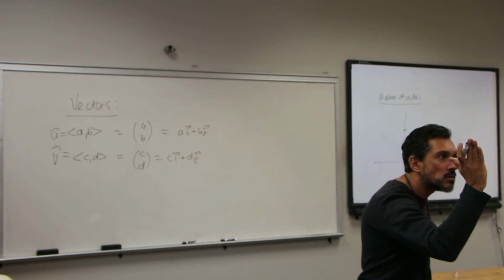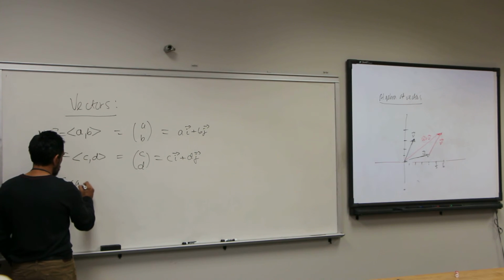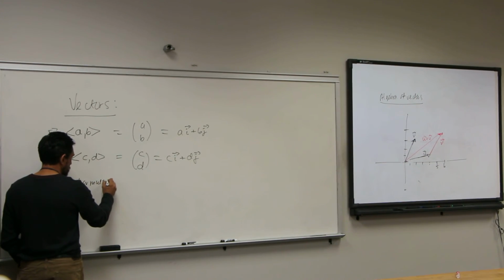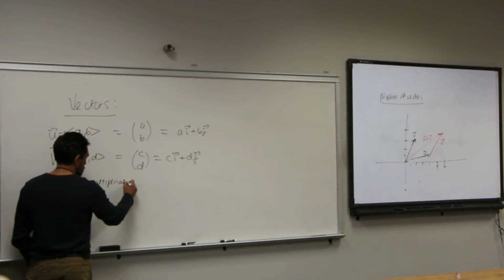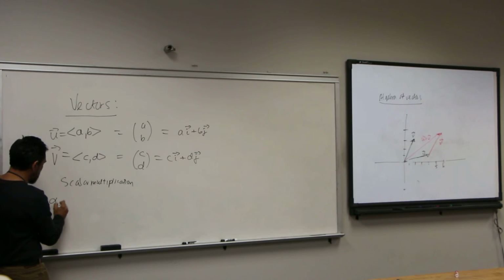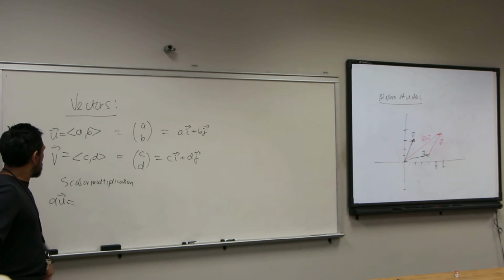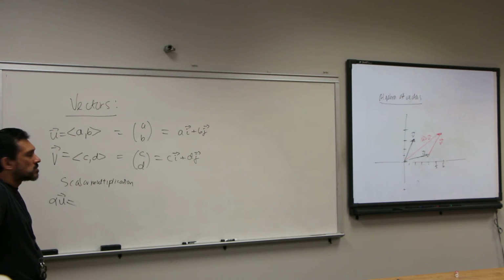Scale it. So take this and multiply it by a number alpha. What is alpha u? Alpha is the constant you're multiplying by.